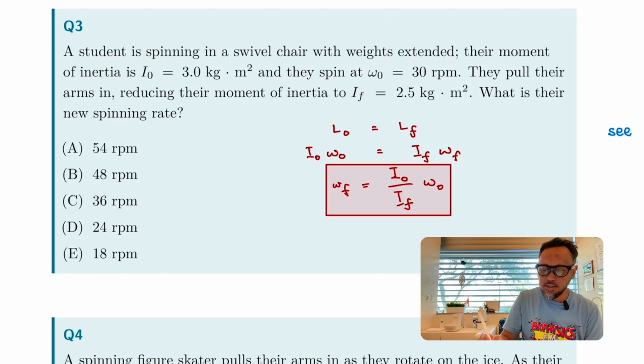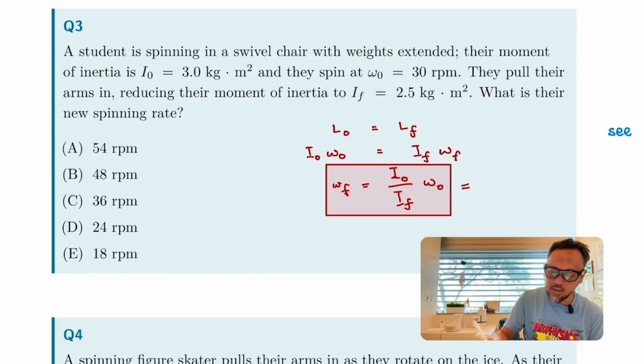Before we put in the numbers, it's good to check the unit of the options. The options are in RPM, so we don't need to convert RPM to radians per second, which makes our life easy.